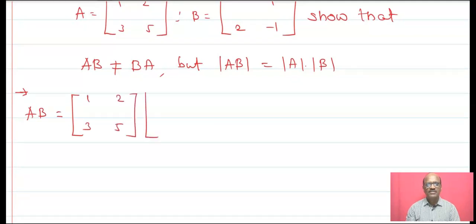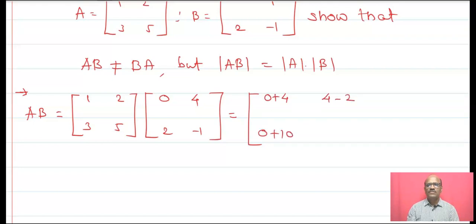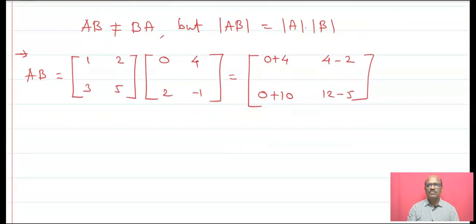That is A is 1, 2, 3, 5, and B is 0, 4, 2, minus 1, and next is 0, 4, 4 minus 2, 0 plus 10, 12, minus 5.